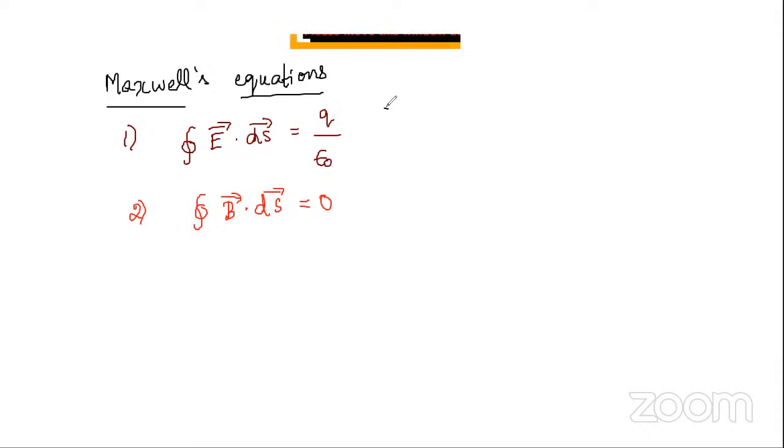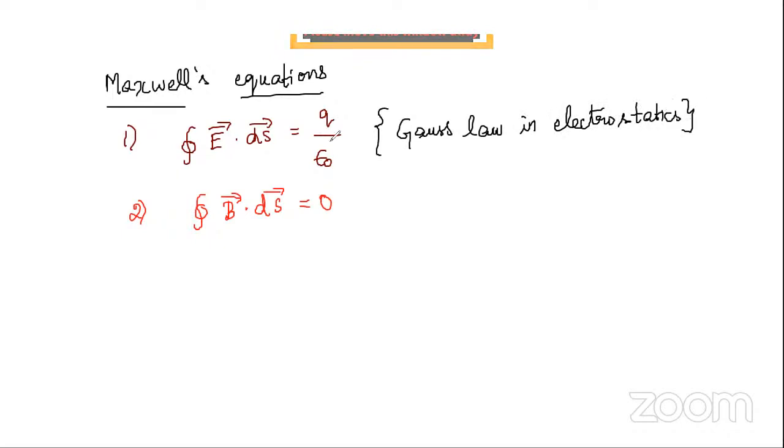So this is Gauss law in electrostatics, and this is Gauss law in magnetism.